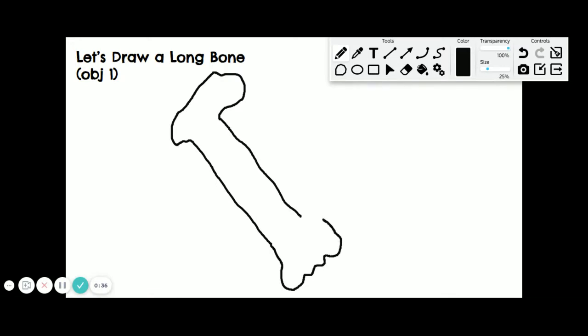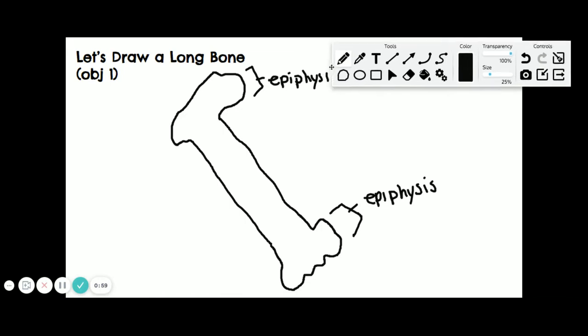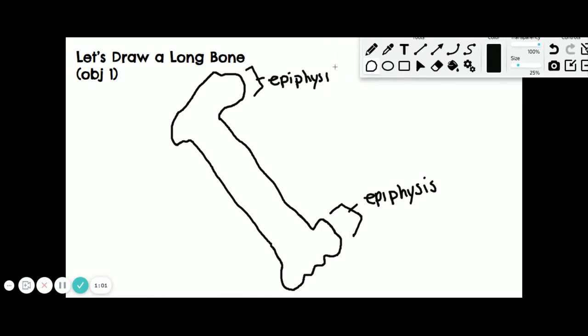the regions are always going to be kind of different, but you draw your basic long bone, you're going to have your ends, which are your epiphyses. So one epiphysis, two epiphysis, and we need to distinguish one from the other.